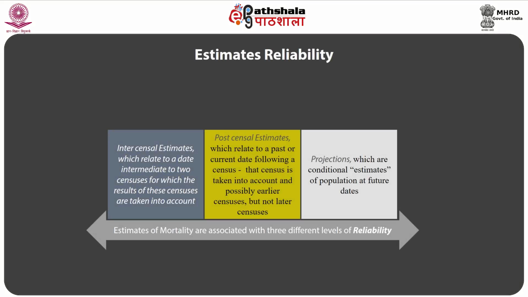Post-censal estimates, which relate to a past or current date following a census and take that census and possibly earlier censuses into account but not later censuses. And number 3, projections, which are conditional estimates of population at future dates.